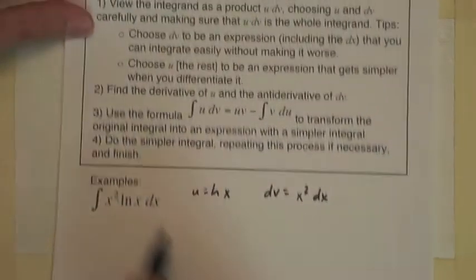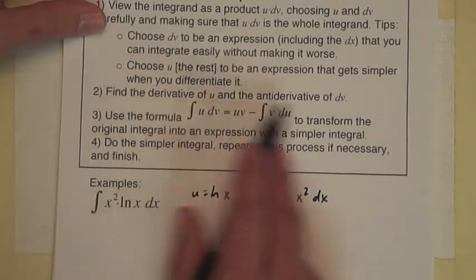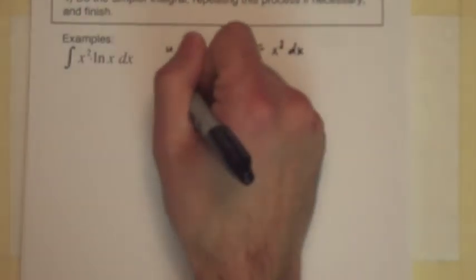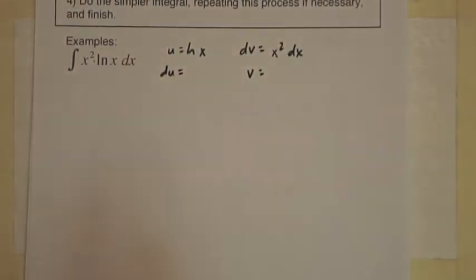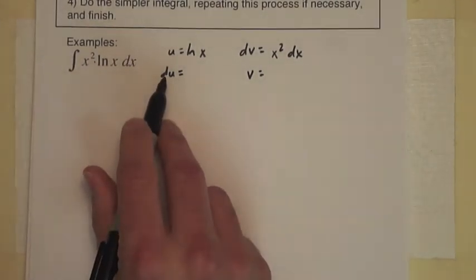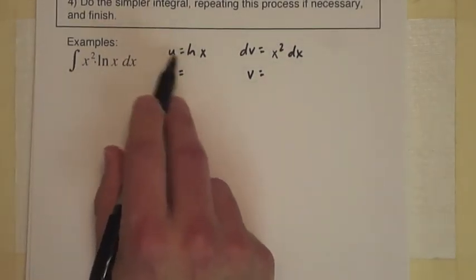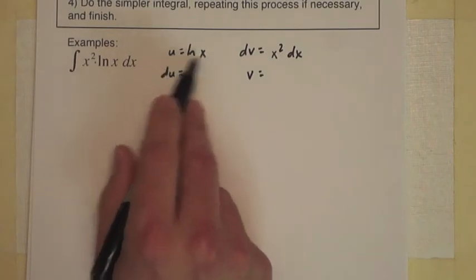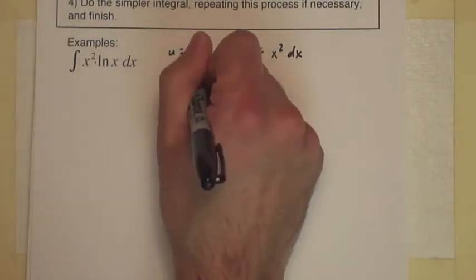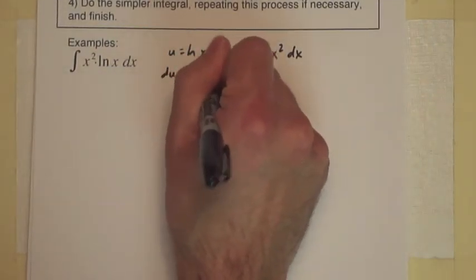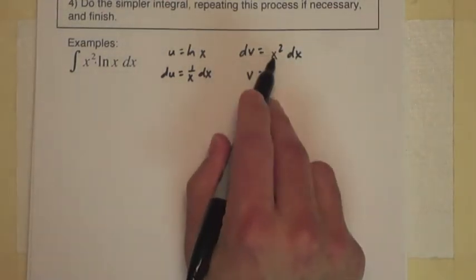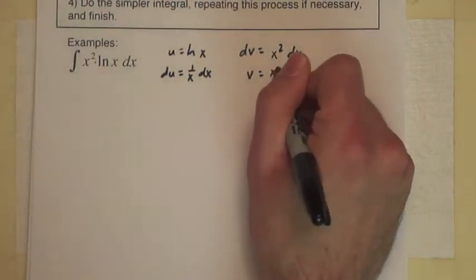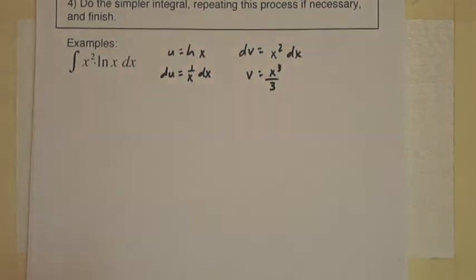We then have to go to step 2, find the derivative of u and the antiderivative of dv. So let's do that, du and v. The derivative of u, du dx here, is 1 over x. So if du dx is 1 over x, then du is 1 over x times dx. If the derivative of v is x squared, then what is v? x cubed over 3.